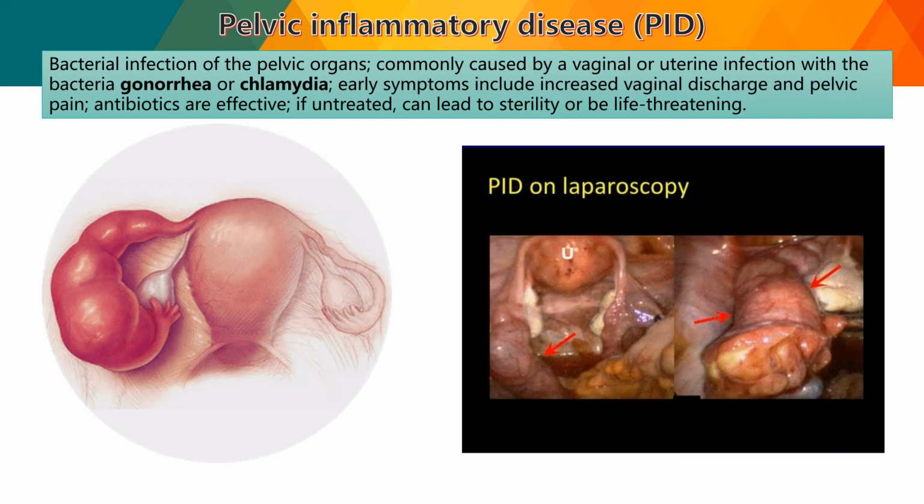Early symptoms include increased vaginal discharge and pelvic pain, but antibiotics can cure this inflammatory disease. But if untreated, it can lead to sterility or be life-threatening. It can cause you to no longer be able to conceive, and it can be fatal, especially when you don't feel it.